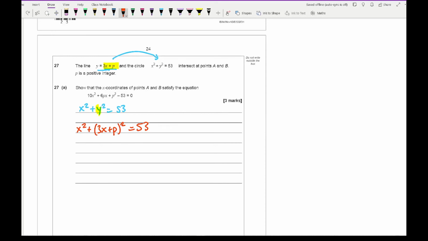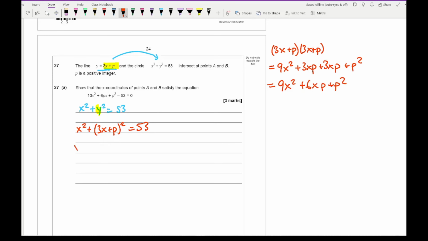So now what I then want to do is expand that out. It's over here, (3x + p)(3x + p) equals 9x² + 3xp + 3xp + p², which gives me 9x² + 6xp + p².